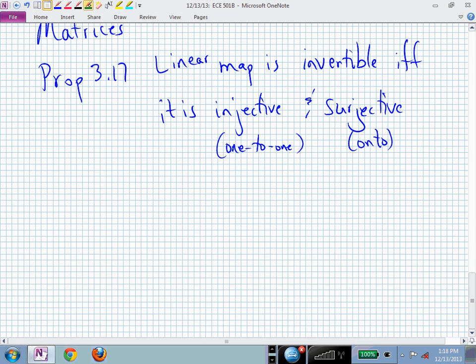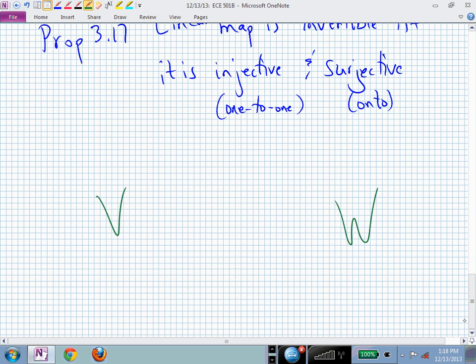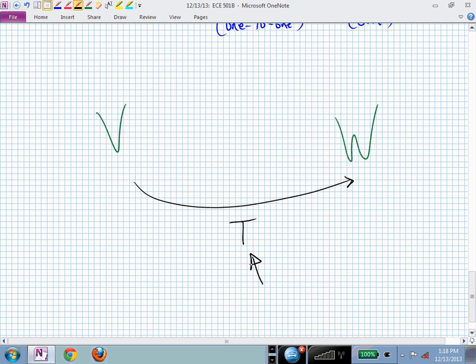Meaning in a picture form, we could say, if we have some vector space V mapping into another vector space W via some map T, if this is an invertible map, then we actually say that V is isomorphic to W. So these vector spaces basically are the same in an underlying sense.